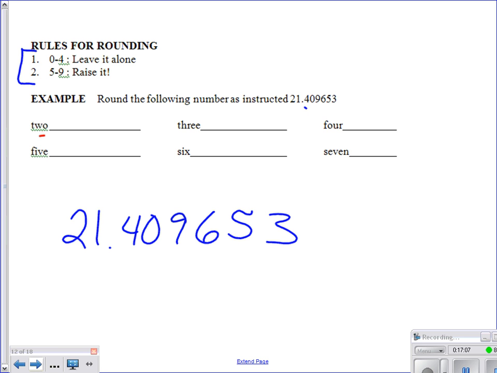All this other stuff, I don't care. I'm not going to start back here and round up as needed. I'm just going to cover up everything except the 21.4. So when I round 21.4 to 2 significant figures, what do you get? 21. Does it matter if you write it that way or that way? Nope. Either one's good. But could you write it that way? No, because that would be 3 sig figs. So that is not correct.